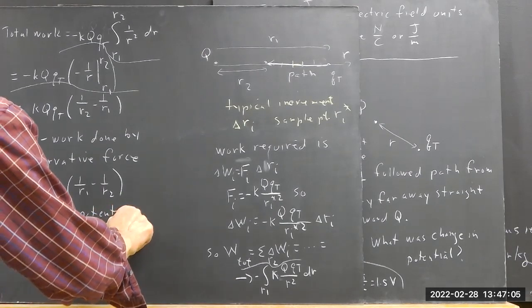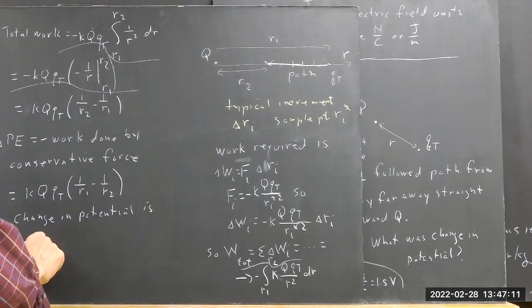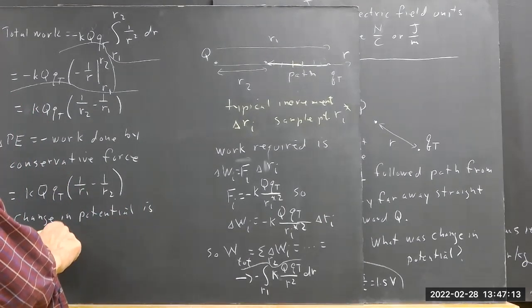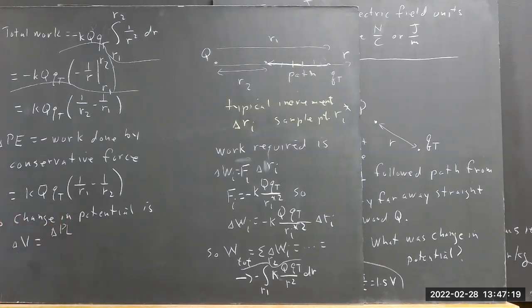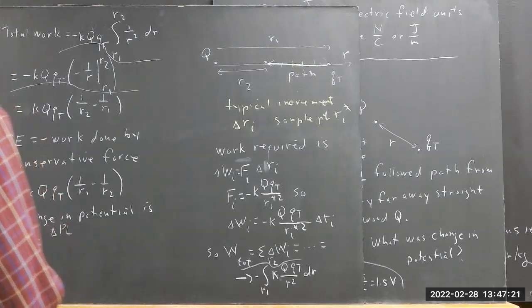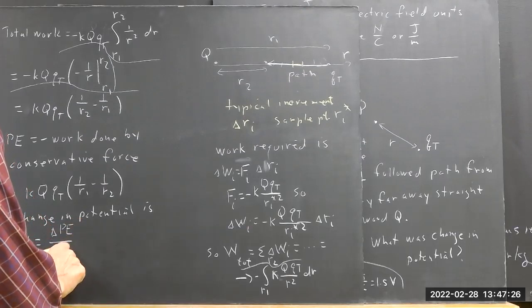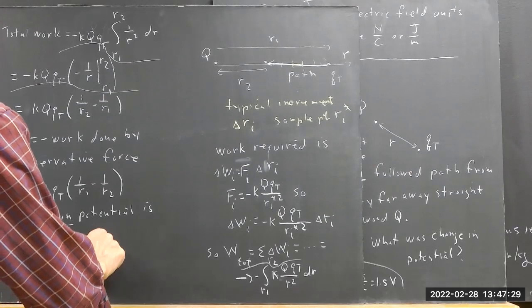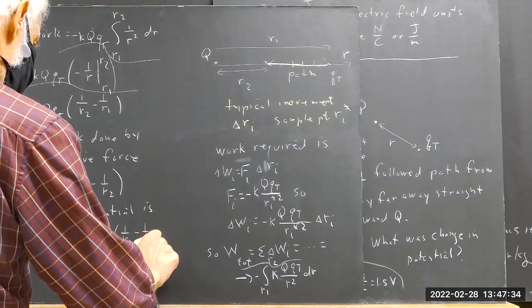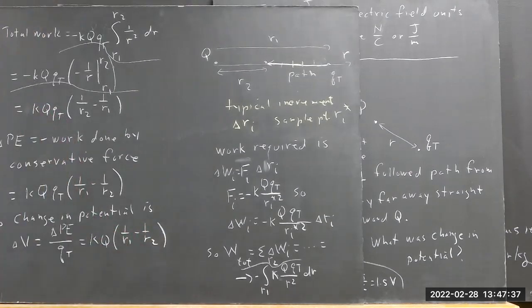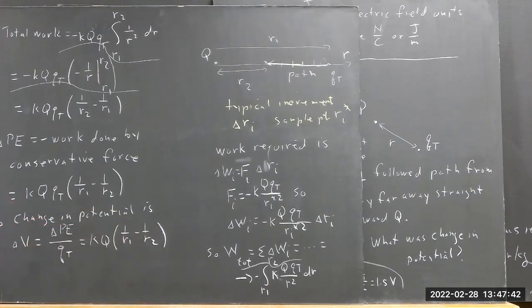Okay, the potential is which is just K times big Q times 1 over R1 minus 1 over R2.